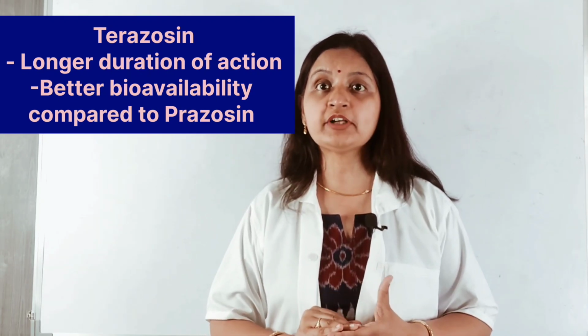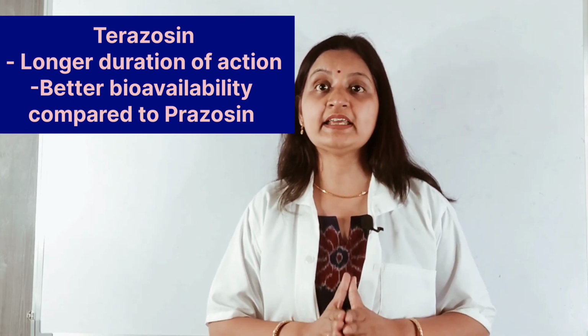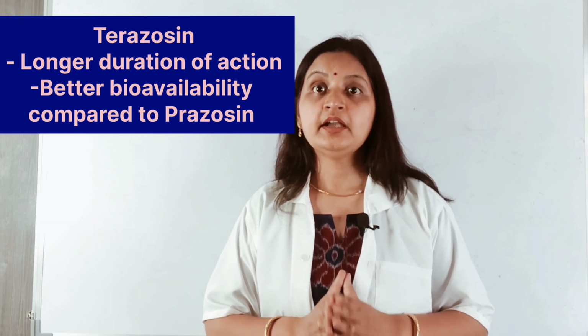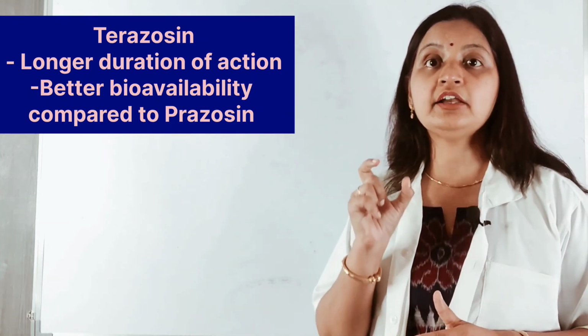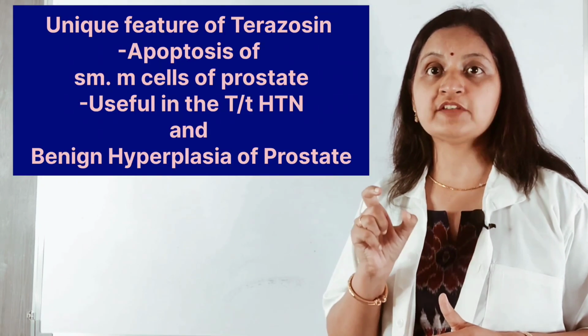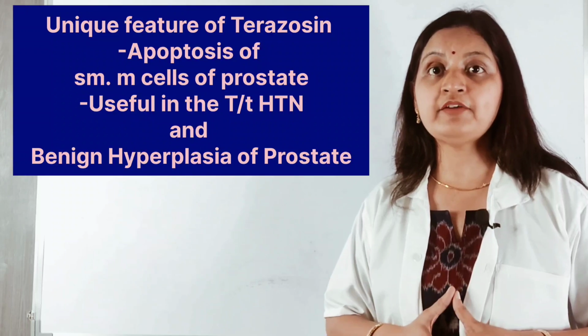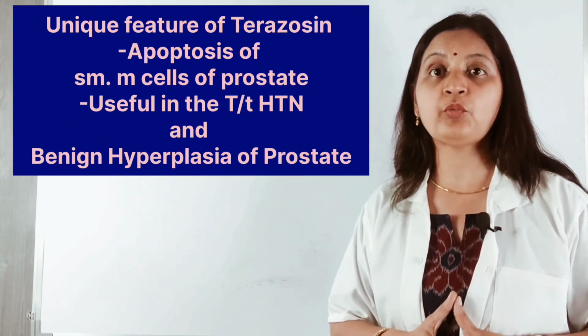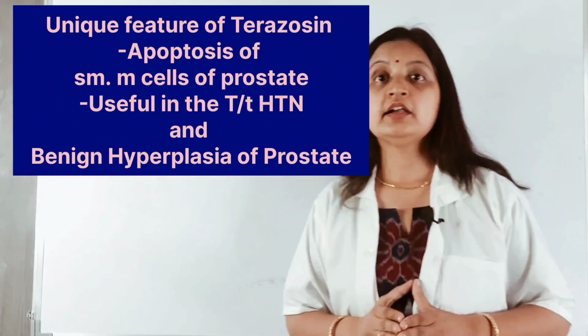The first dose hypotension can also occur with terazosin, but the side effect is less frequent. Terazosin has a specific effect, which is that it induces apoptosis of the smooth muscle cells of the prostate. Therefore, it is a preferred drug for the treatment of a patient with hypertension and benign hyperplasia of prostate.